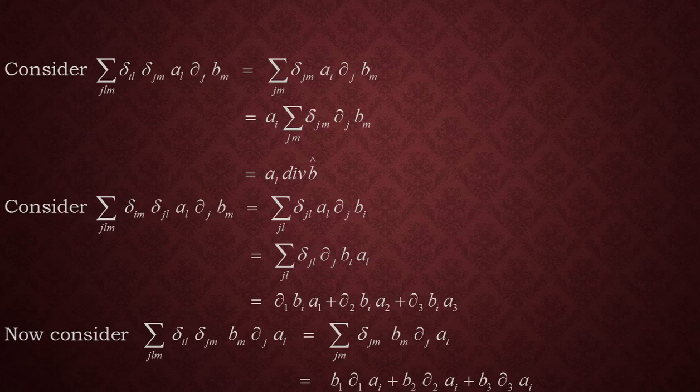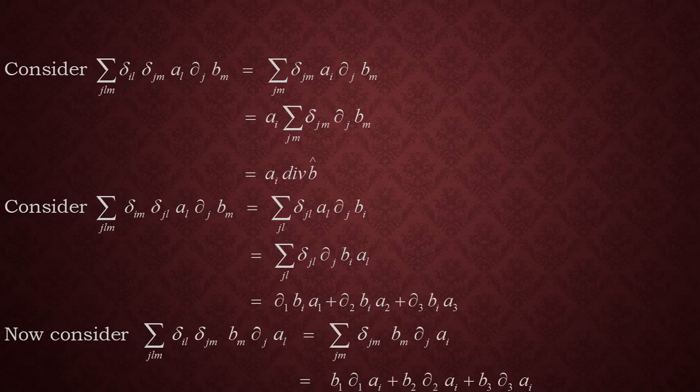Observe this summation. Here we used the Kronecker delta and the term dou j bm is a representative of the divergence of B cap. So this representation equals the divergence of B cap.